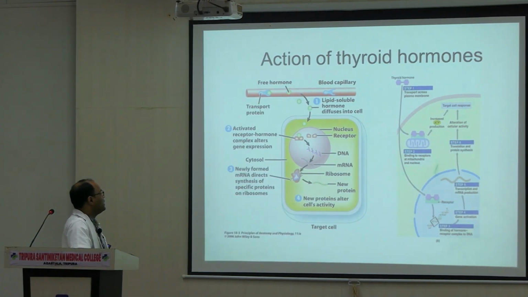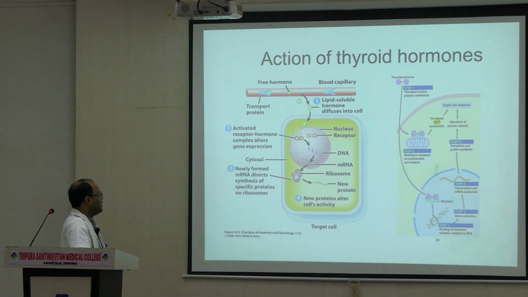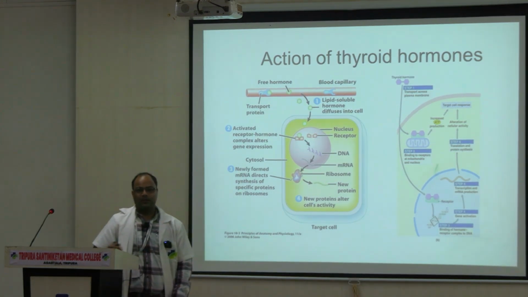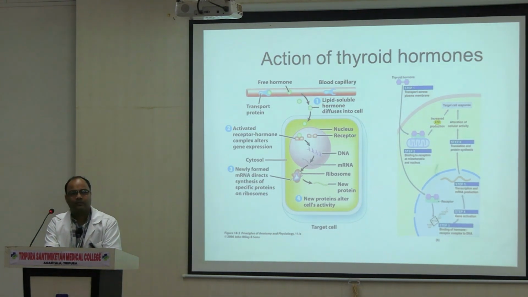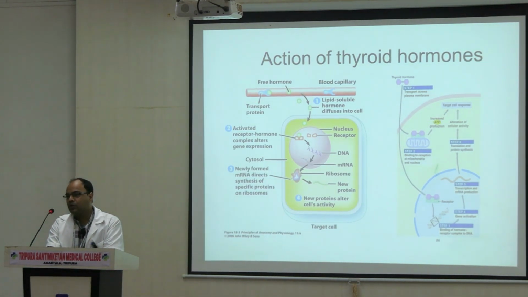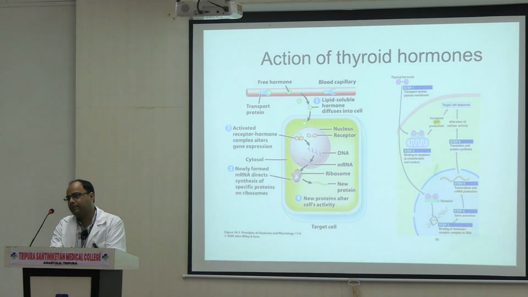You can see the free hormone is released from the capillary and reaches the target cell, enters the cell and binds with the receptor, and the hormone-receptor complex activates some genes. Then the genes make messenger RNA, from which the target protein is produced, and this protein causes various actions. So thyroid hormone has an intracellular receptor.